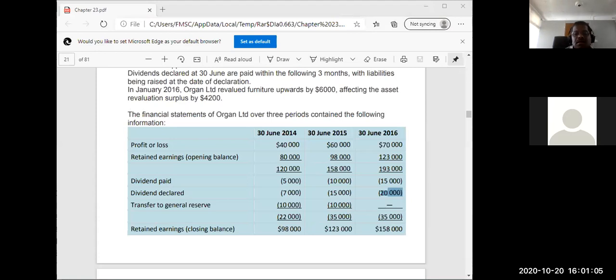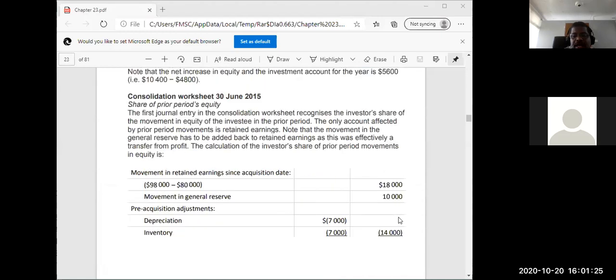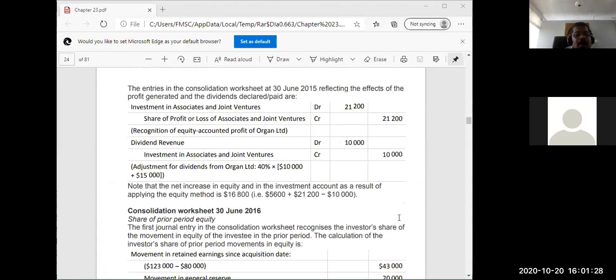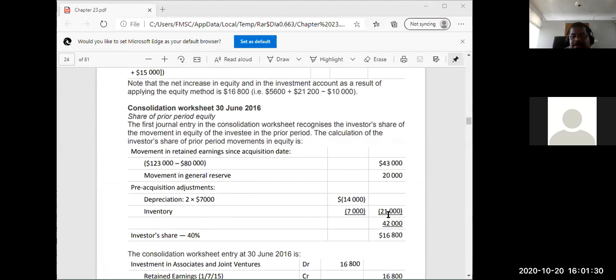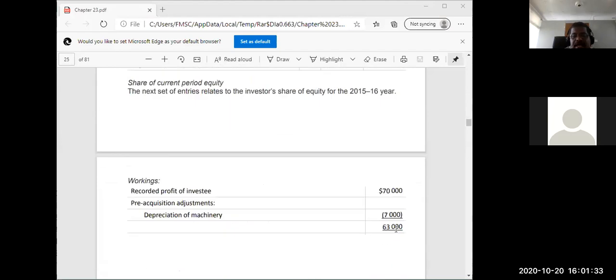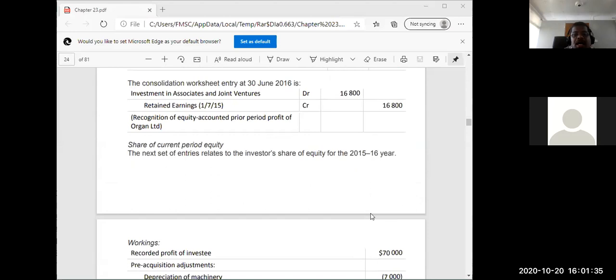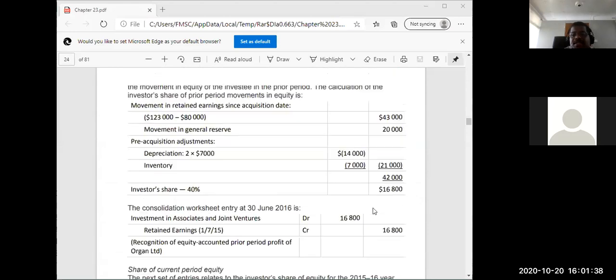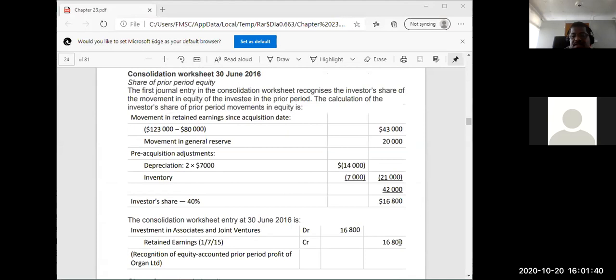That is there. Anyway, that is 20,000, and we took 7,000 and 16,000, so the retained earnings adjustment is 16,800.